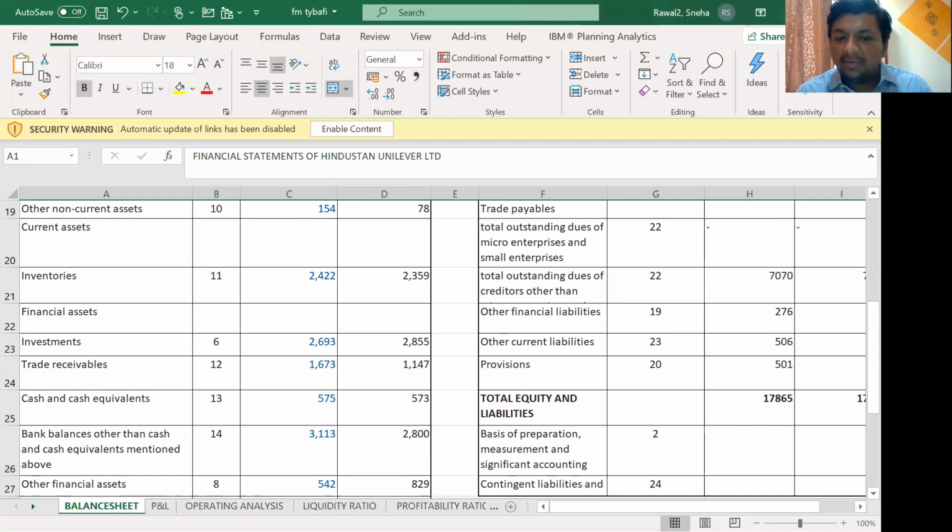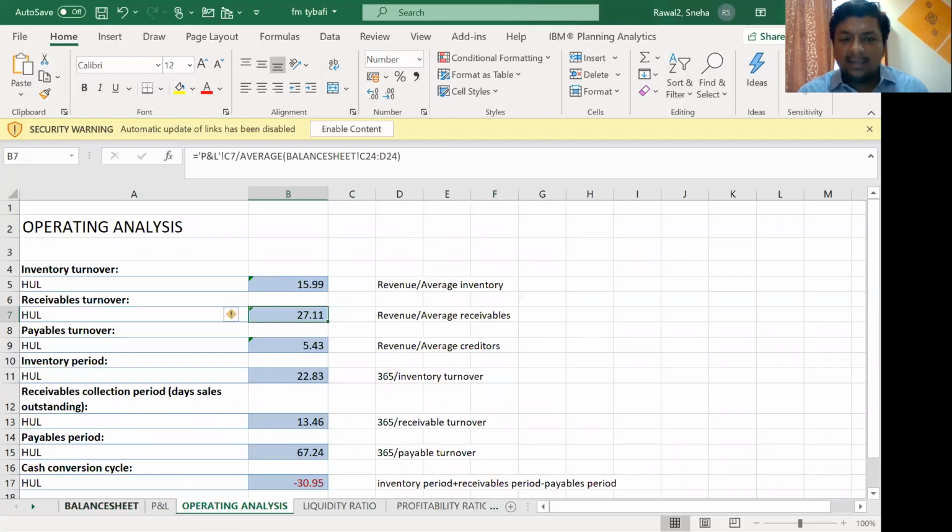So you will average out both these numbers to find out the ratio. The answer turns out to be 27.11. Higher the ratio, the more efficient are your credit policies. The company is very strong in credit policies. The credit period granted to your debtors is very minimal, so your ratio will be higher.